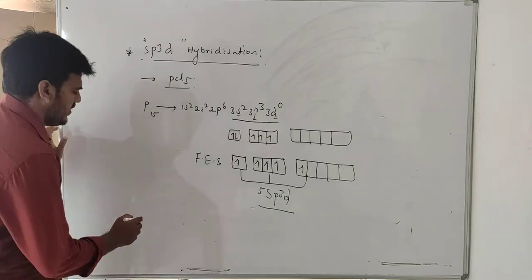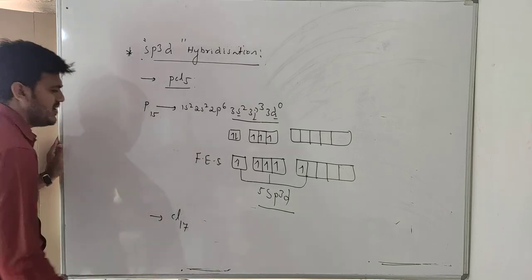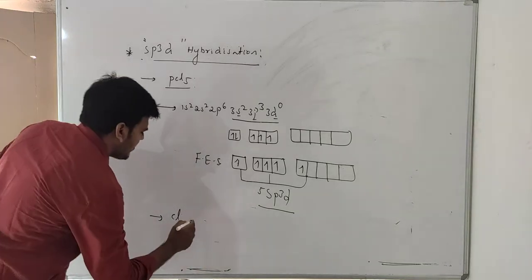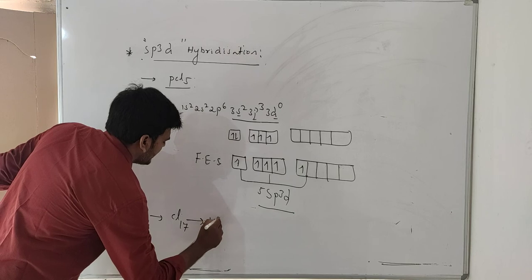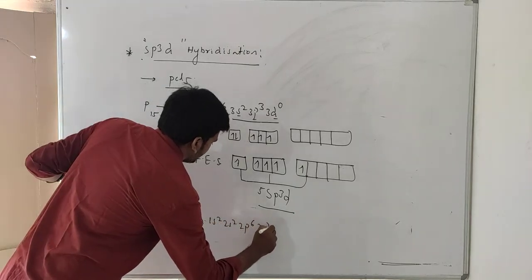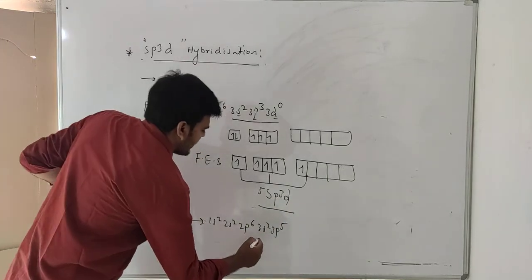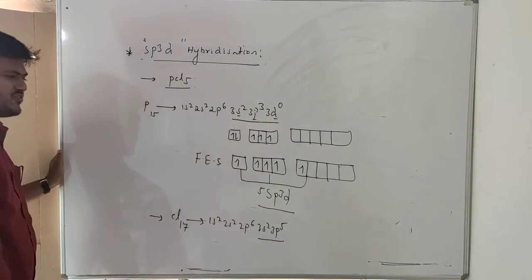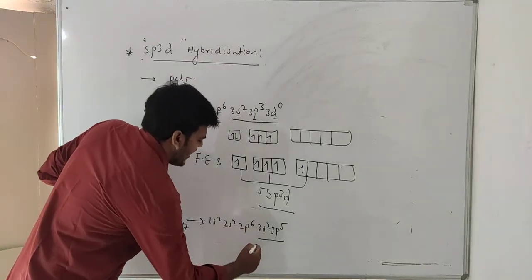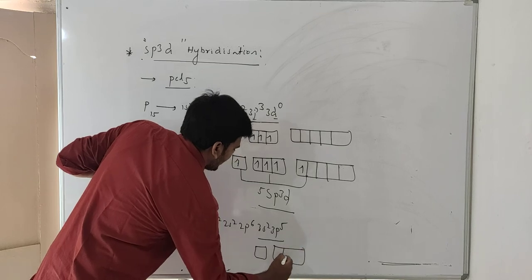Next, chlorine. Chlorine atomic number 17. The electron configuration of the chlorine atom is 1s2, 2s2, 2p6, 3s2, 3p5. The outermost electron configuration is 3s2, 3p5. There is only 1 s orbital and 3 p orbitals: px, py, pz.